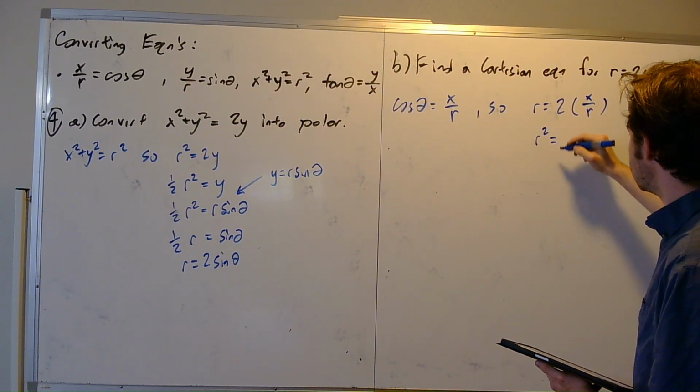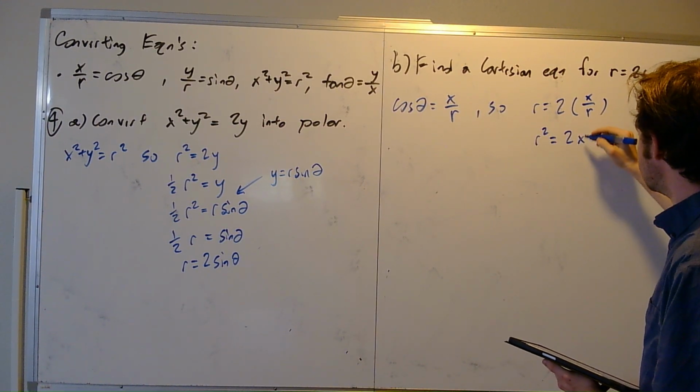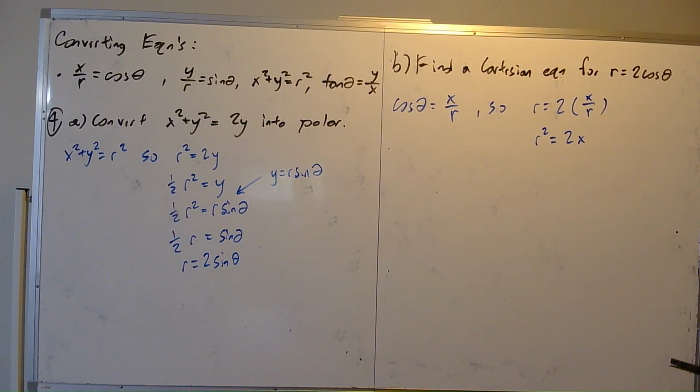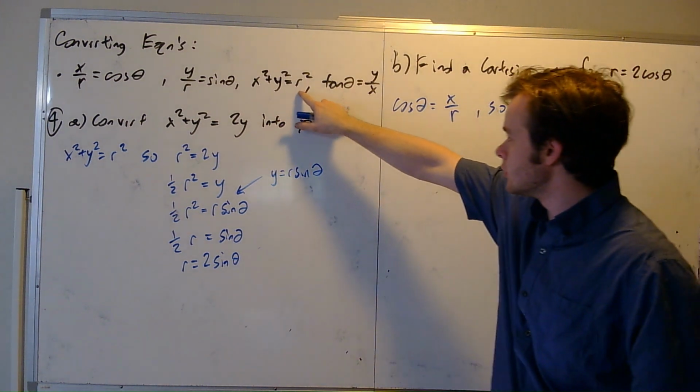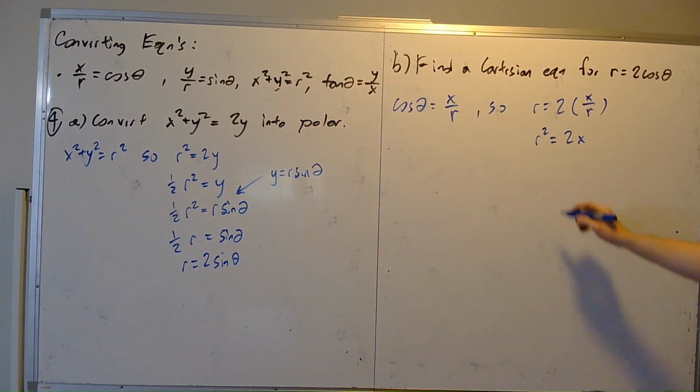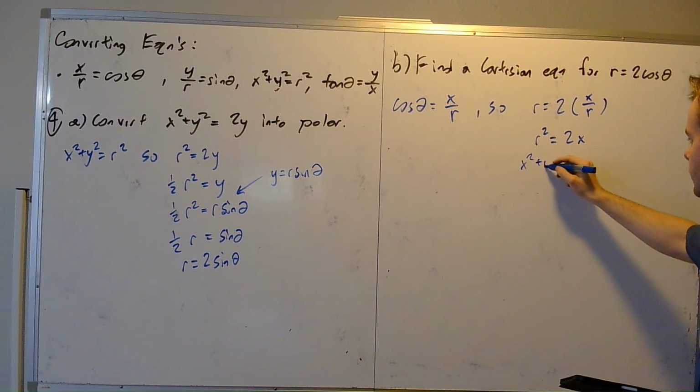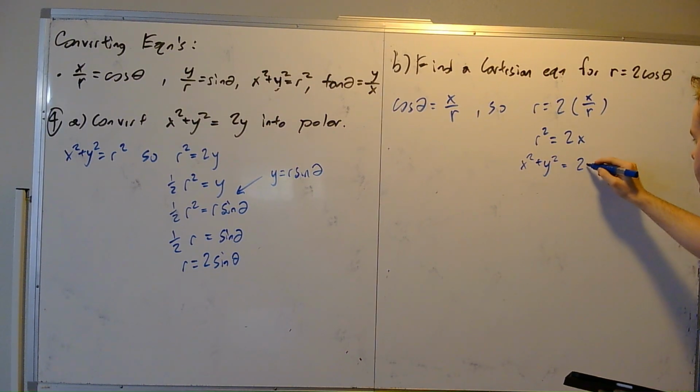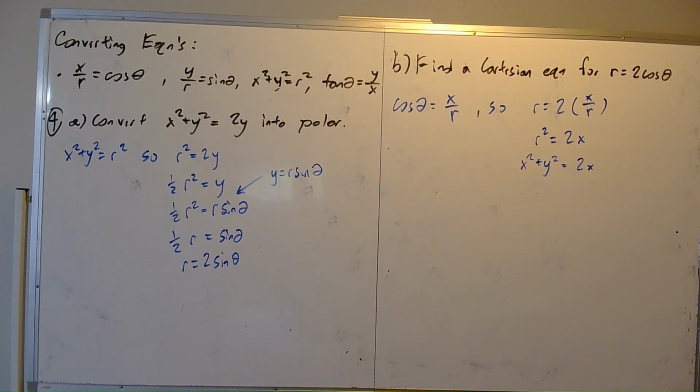r squared equals 2 times x. And now, r squared, we actually know how to get rid of that as well, because r squared equals x squared plus y squared. So x squared plus y squared equals 2x. Okay.